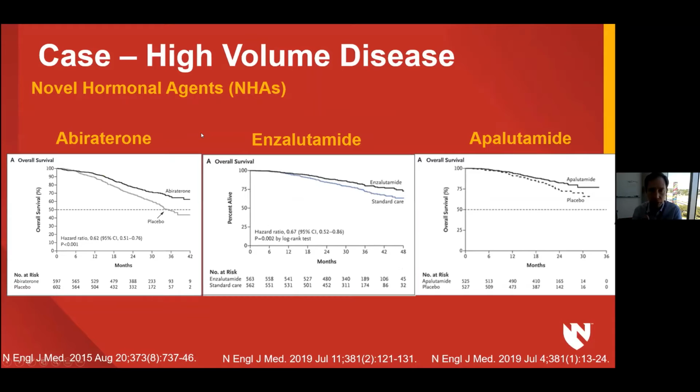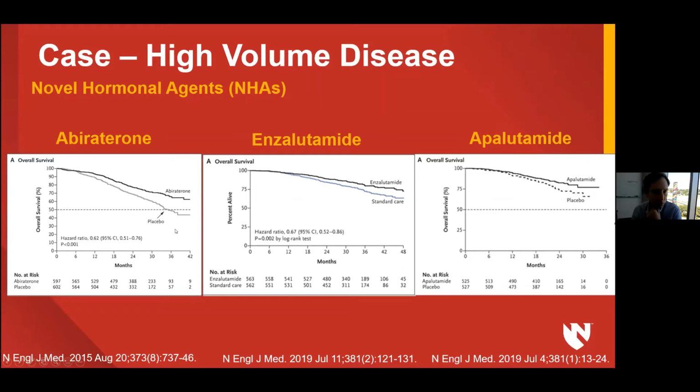However, there have been a variety of other studies over the last years of similar design, where patients initiating hormone therapy for metastatic prostate cancer are administered other options, including several different novel hormonal agents.